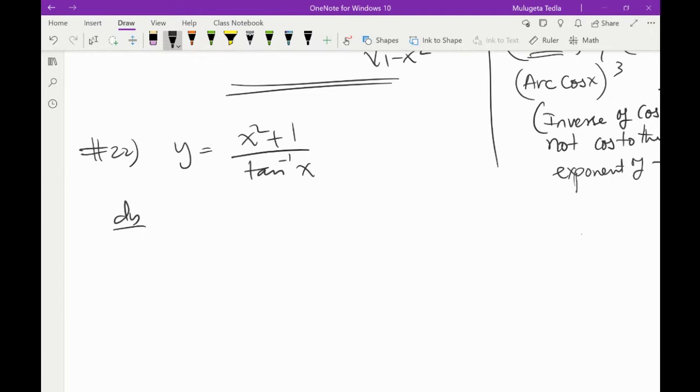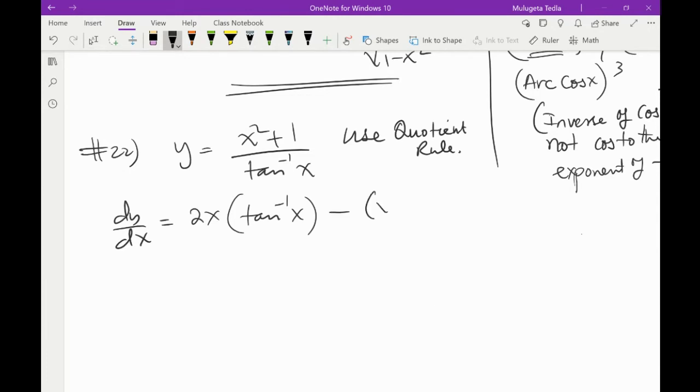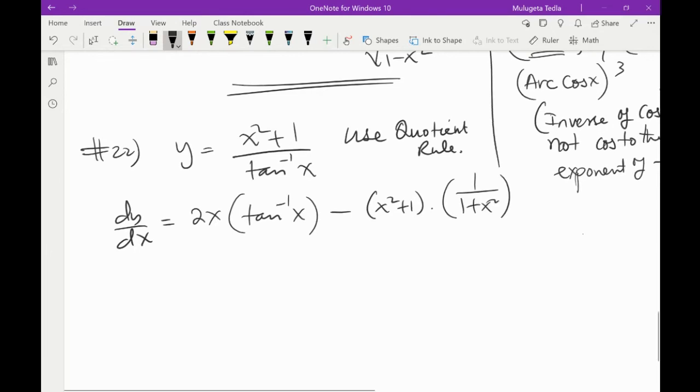dy by dx is the derivative of the top, which is 2x, times the bottom, tan inverse of x. I'm using the quotient rule. Minus the top times the derivative of the bottom, which is 1 over 1 plus x squared, isn't it?